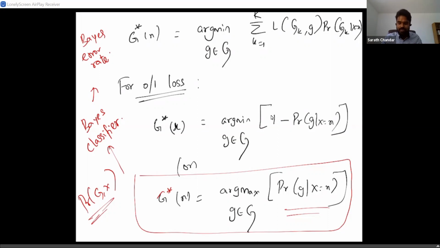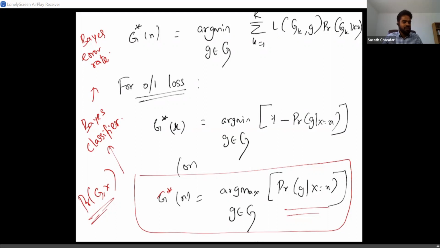Remember that this Bayes classifier has access to the true joint probability distribution over G and X. Even when you have access to the true probability distribution, since the problem itself is stochastic, you're going to get some error, and that error is the Bayes error rate. So this is the lowest possible error that any classifier can achieve.